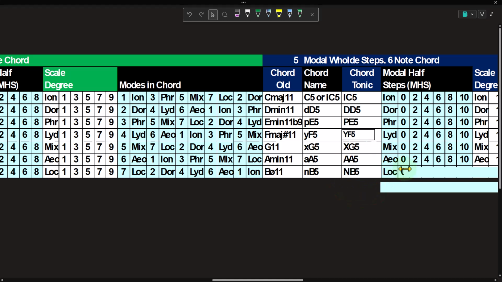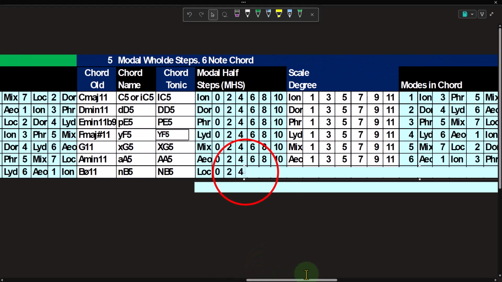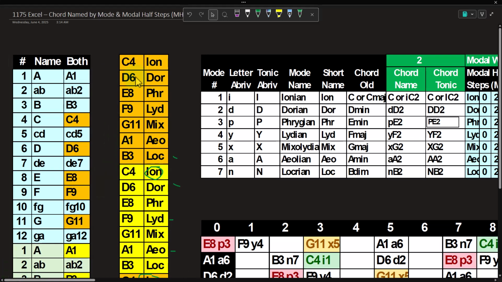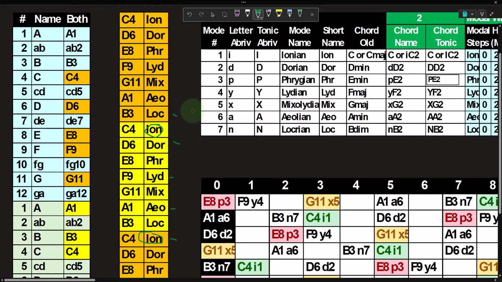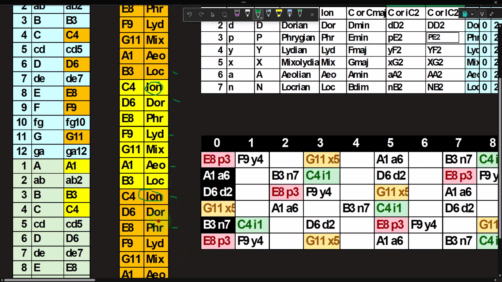And that would mean that you'd have the 0, 2, 4, 6, 8, 10, or scale degree 1, 3, 5, 7, 9, 11. So if I go back on over here, we're going to say scale degree 1, 3, 5, 7, 9, 11. The 11 is the same as the 4. All right.